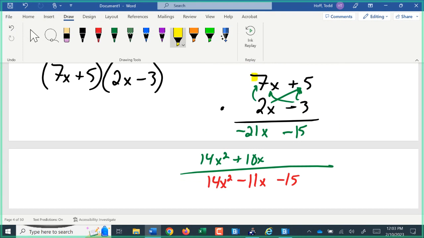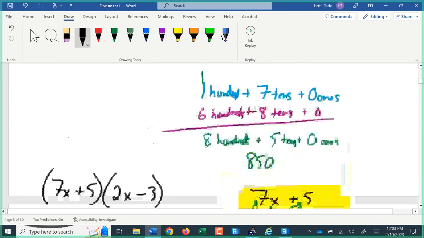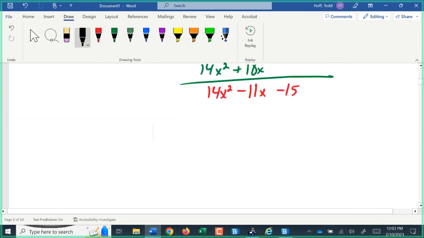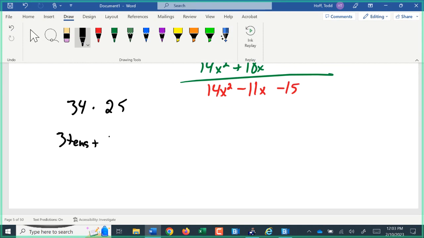Now this process is what we used for whole numbers, but not what most of us were taught for variables. There's an alternate process for whole numbers. What was this? 34 times 25. Where we wrote them out, again, long form, 3 tens and 4 ones times 2 tens and 5 ones.